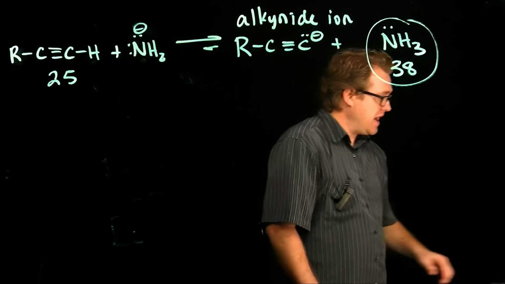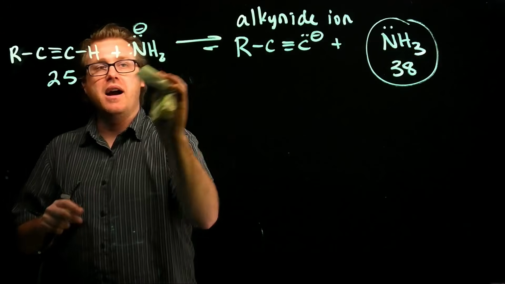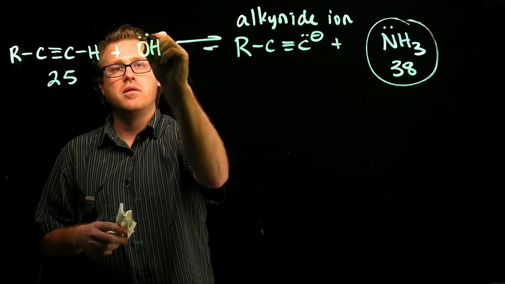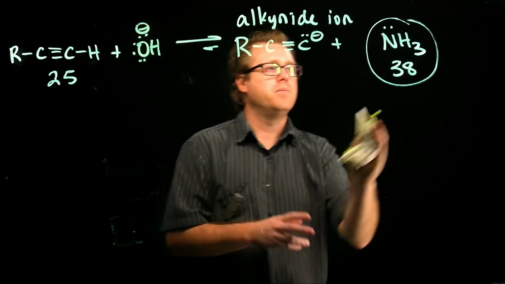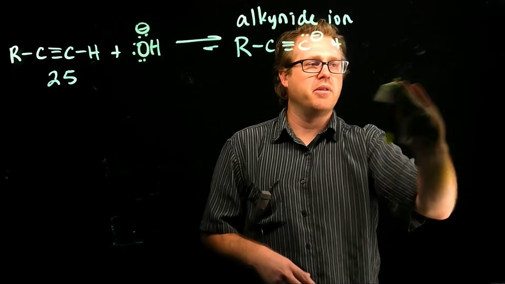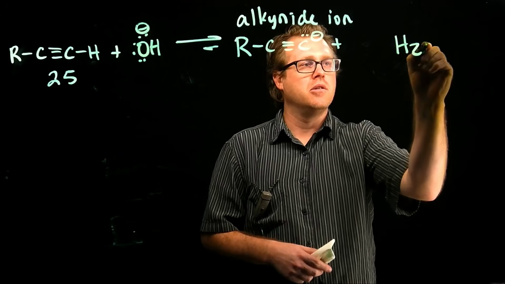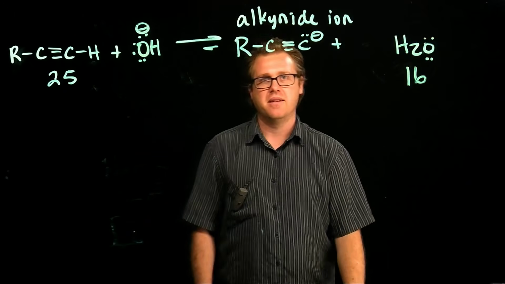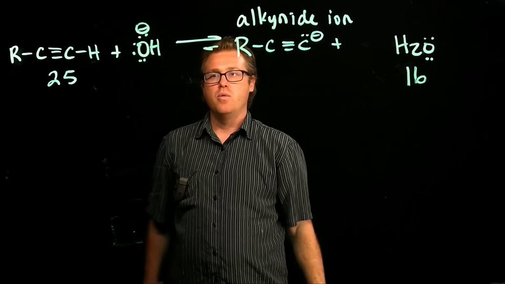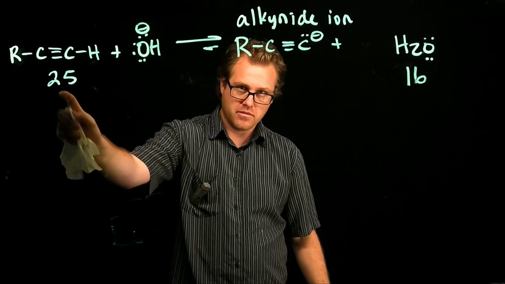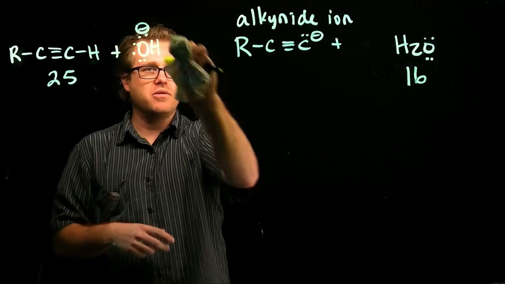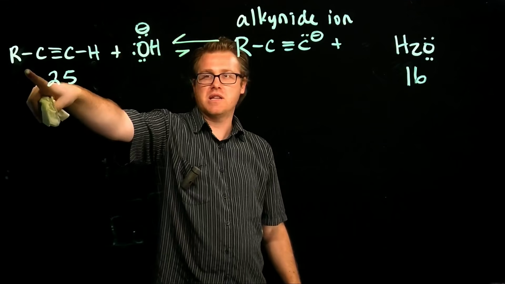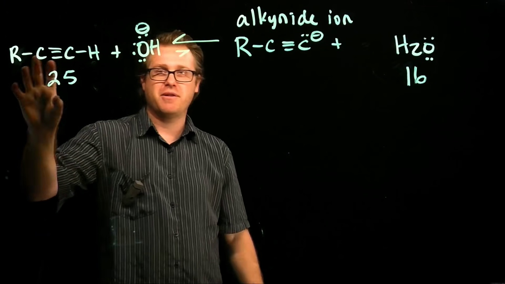But if you change that up a bit to, let's say, the hydroxide, like so, and then what would we get over here? We would get water. What's the pKa of water? About 16. Now when we look, where's the weaker acid? This one. So it shifts equilibrium to this side. So equilibrium favors reactants.